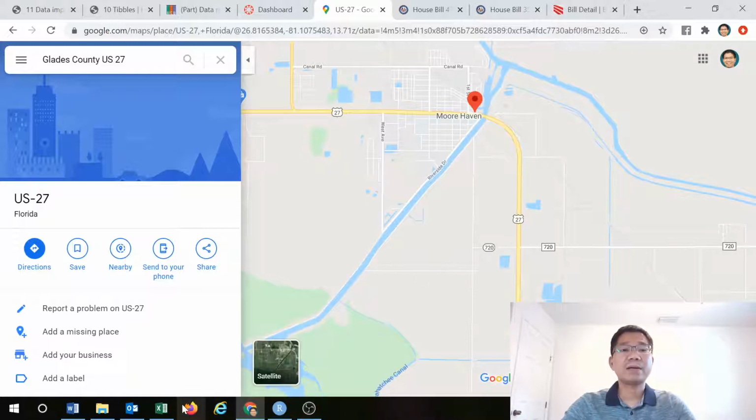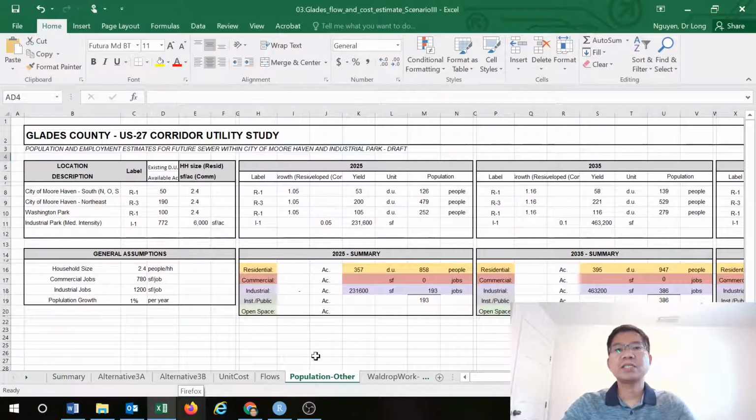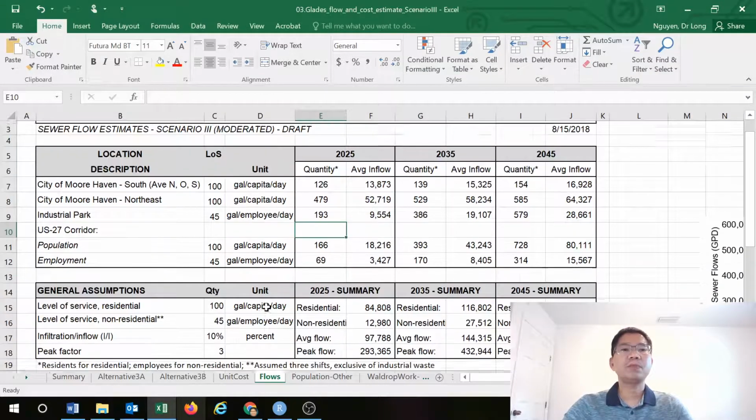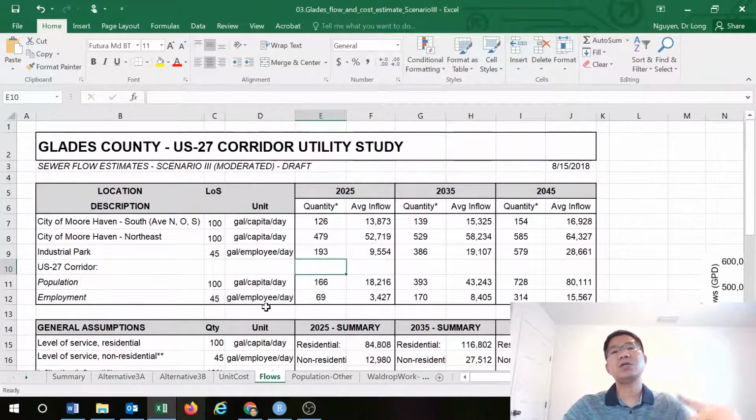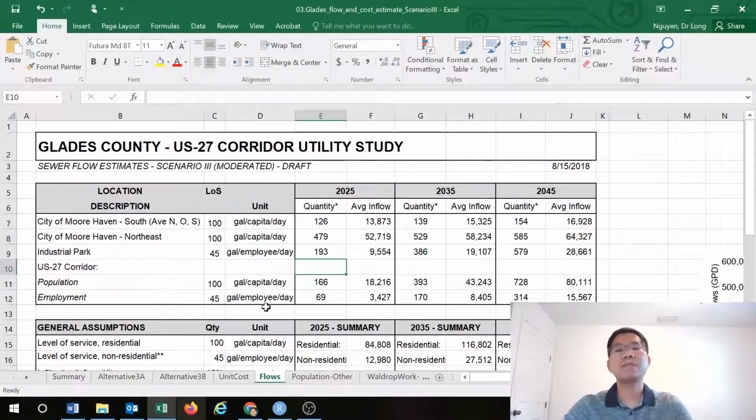And then from that study, we need to see the projection of the population, how it grows over time from the city of Moorhaven, south, northeast, and Washington Park. Then we determine the flow for the water and wastewater based on the code, with the increase per capita. When jobs grow, more people come, things like that.